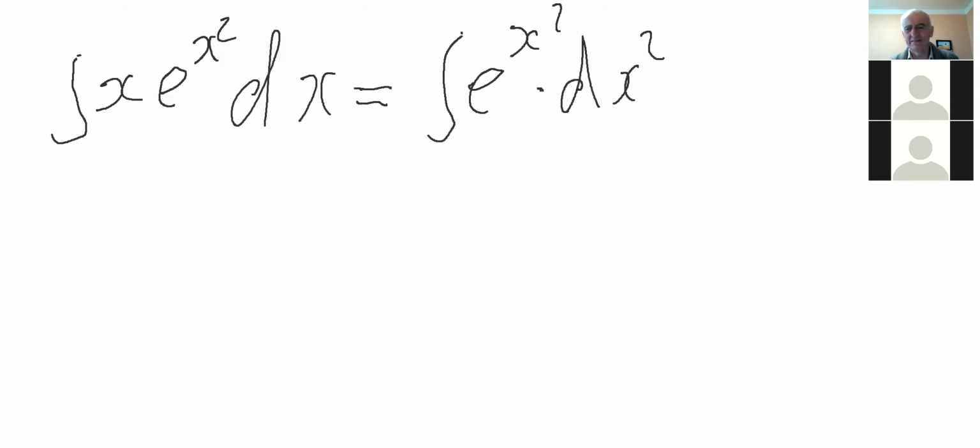What do you think? Is it true? What about this equality? Are they really equal?